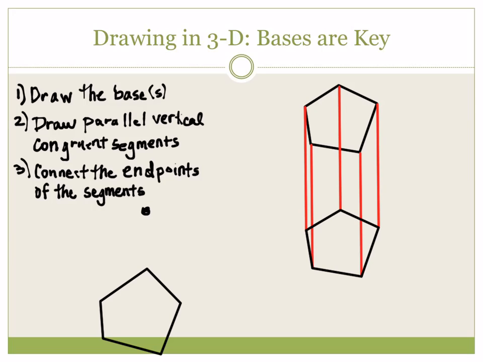Pyramids are easier to draw because you don't have to have those segments lined up. So this would be a pyramid: the apex and your single base, and then you can connect the endpoints. We're all just going to do our best. Okay?